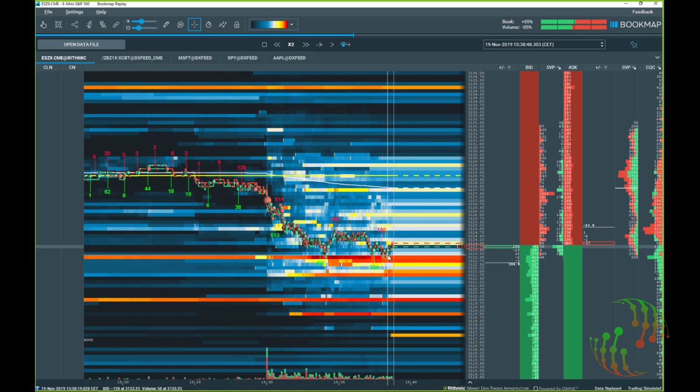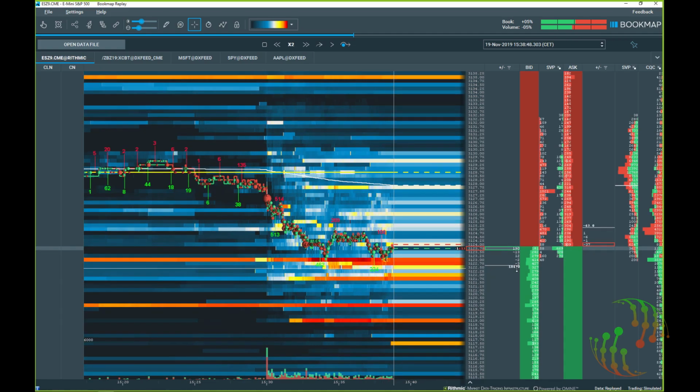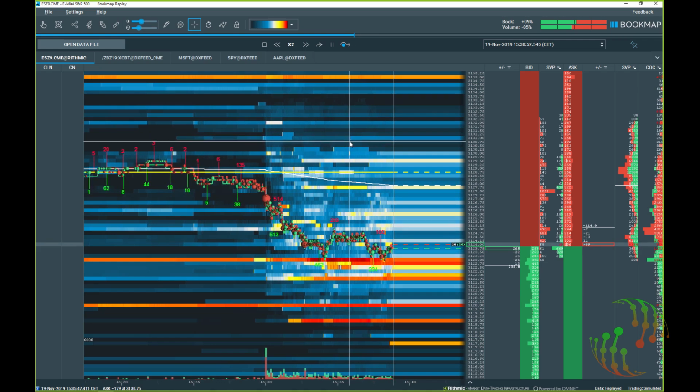So it is, yes, of course tempting because you have two indications. We have a strong liquidity here and we have a positive number in the delta column. Let's further see what is going to happen.